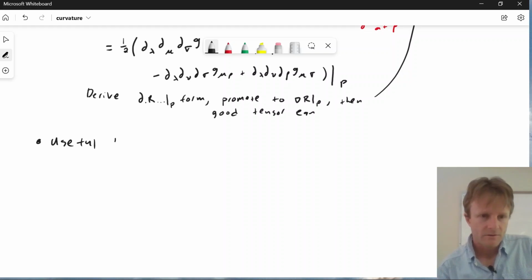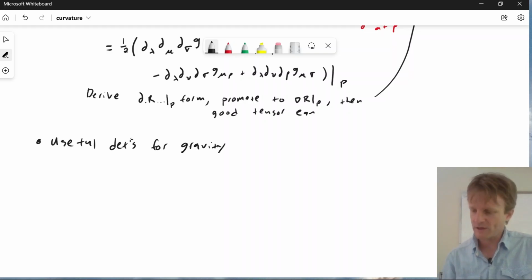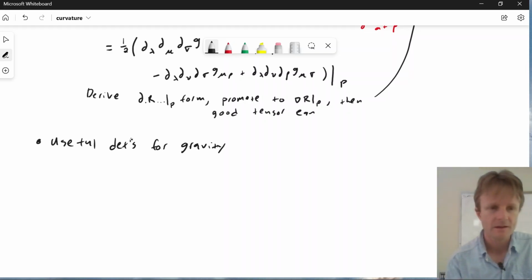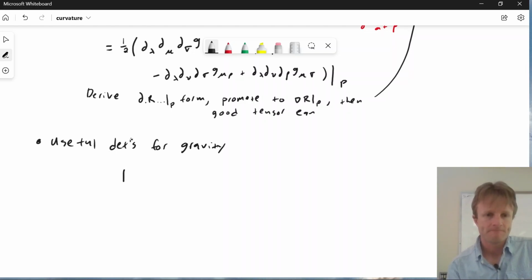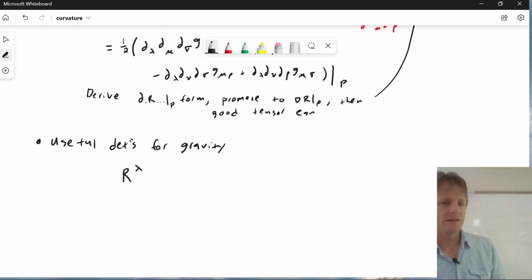So some useful definitions for gravity, which is coming fairly soon, I promise. What we can do is contract our Riemann tensor. So remember, we had 4 indices. We could raise one and contract. The traditional one is the first one, since after all, it started out raised when we defined it.